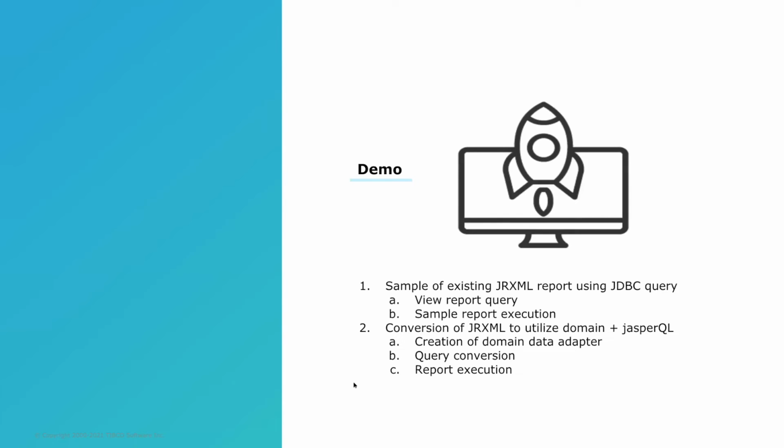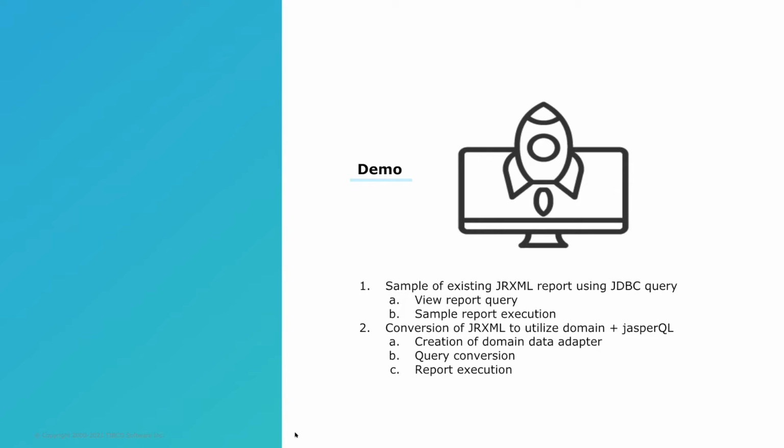All right. So we're going to do probably a rather quick demo here today. There's a couple of things that I want to show and prove out throughout this demo. The first one being that we're going to sample an existing JRXML report that uses a JDBC query. We're not going to do much with this report. We're going to start just by viewing the report and noticing that it is using a query, and then executing the report just as a quick sample to prove it out.